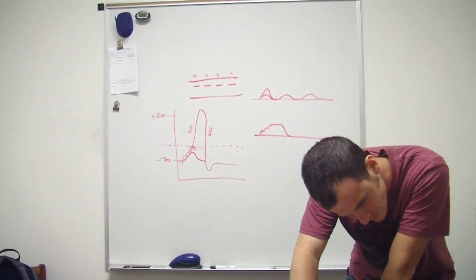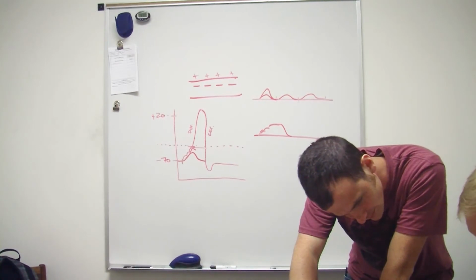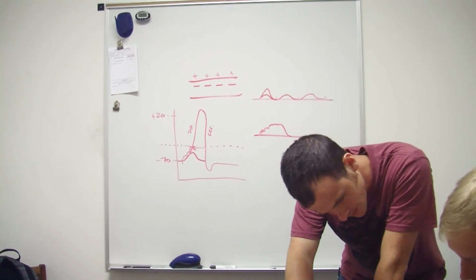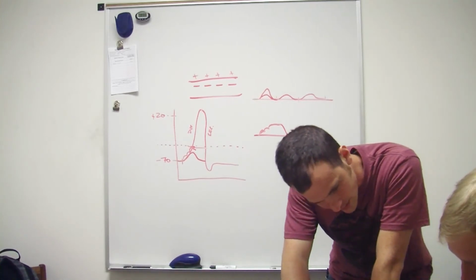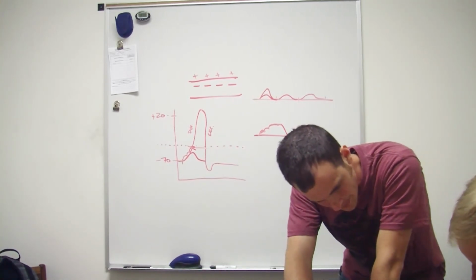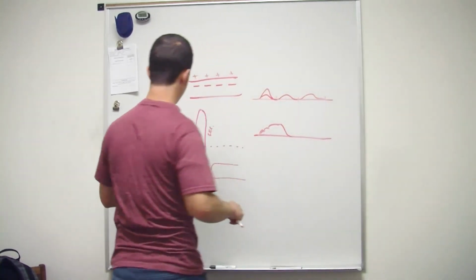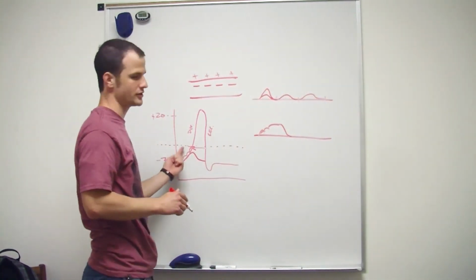The graded potentials section talks about IPSP, inhibitory, and excitatory. Basically, that's talking about the direction of the graded potential.